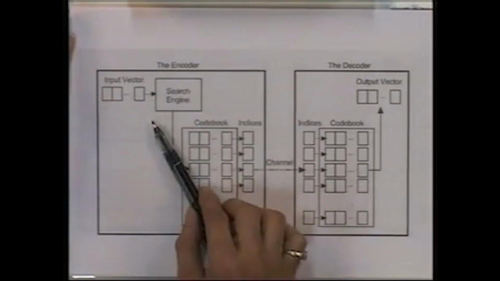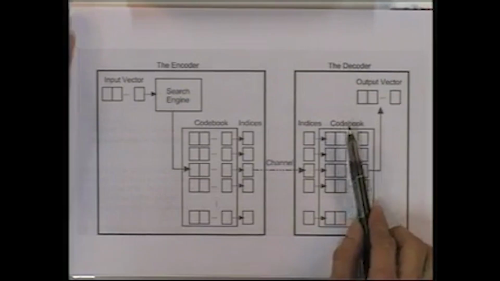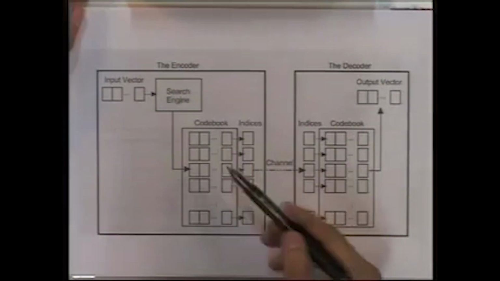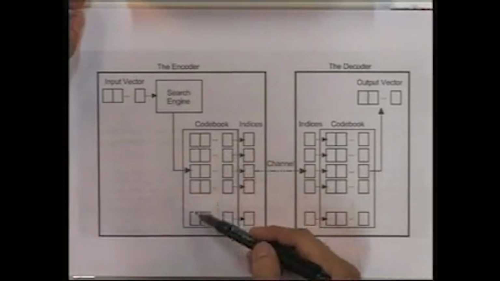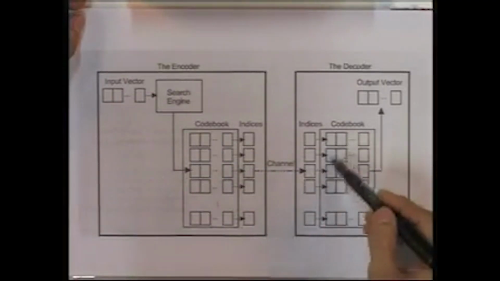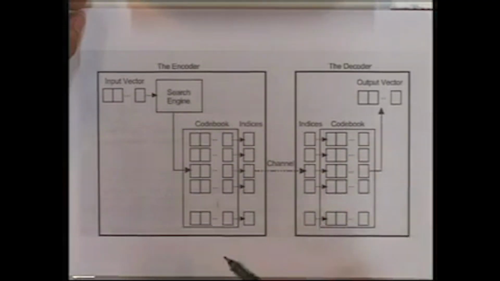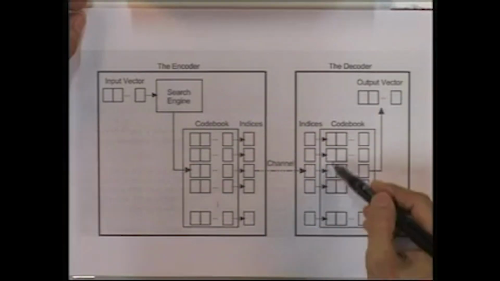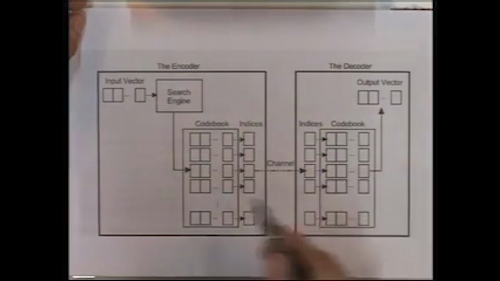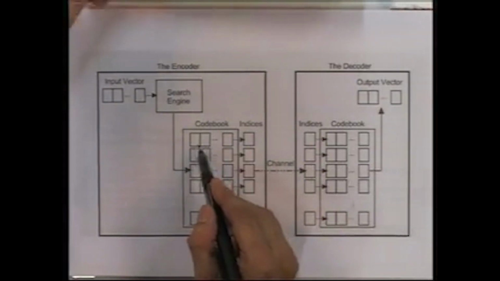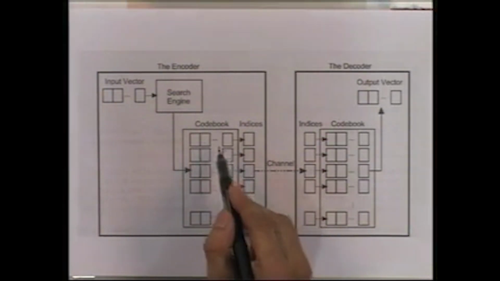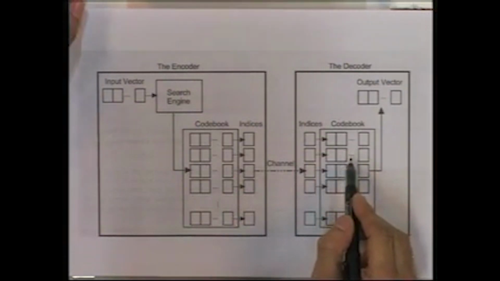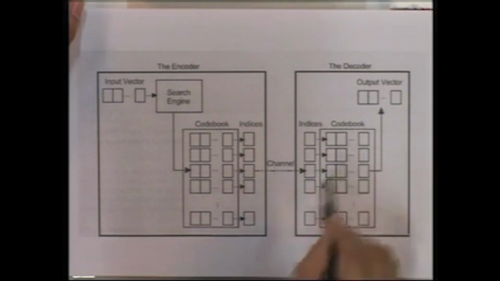At both the encoder and decoder of the vector quantizer, we have a set of k-dimensional vectors. This set is called the code book of the vector quantizer, and the vectors in this code book are named code vectors or code words.